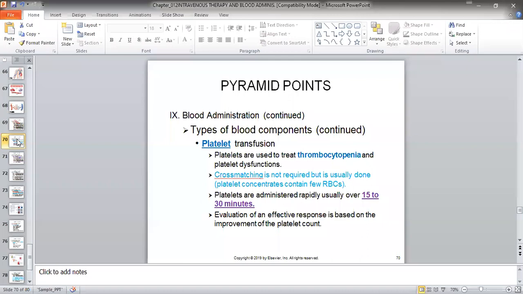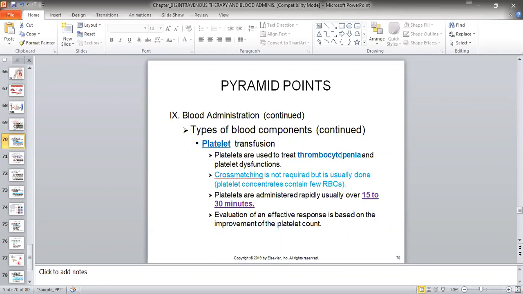We already discussed this, but still it is here. I want to recap. The types of blood components or corpuscles, the third one is the platelet. So sometimes a patient needs a platelet transfusion, right? In case of thrombocytopenia.